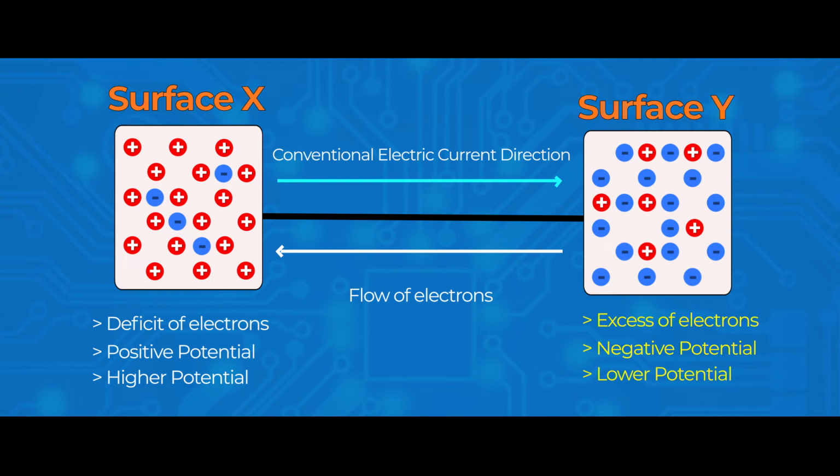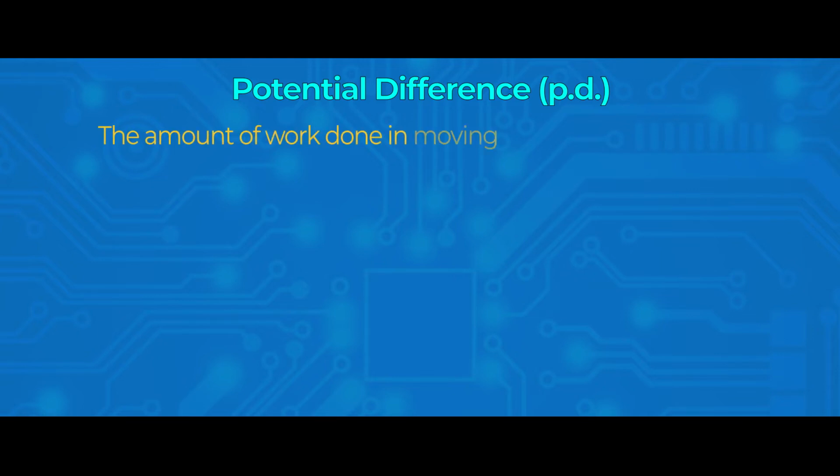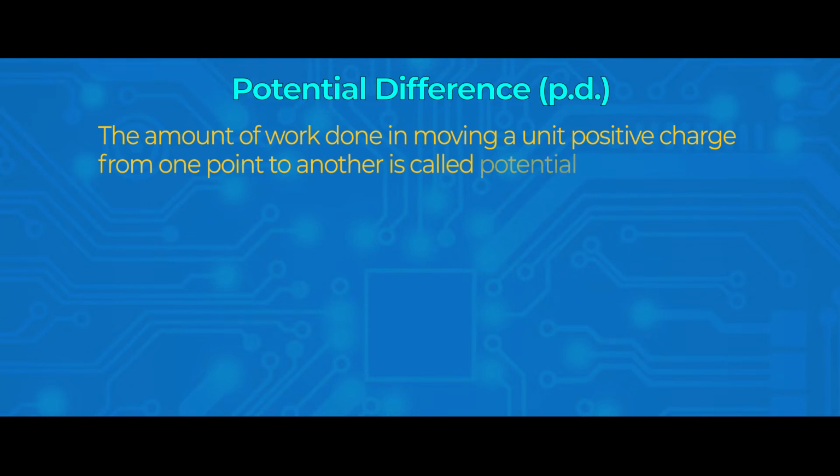Now, how do we define potential difference? As I said, the potential difference between surface X and Y was the result which made the electric current flow from one point to another. In the same way, we define the potential difference as the amount of work done in moving a unit positive charge from one point to the other point.